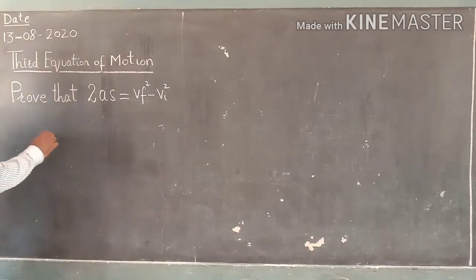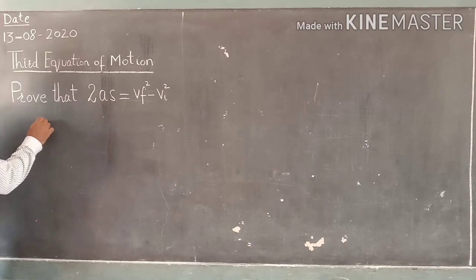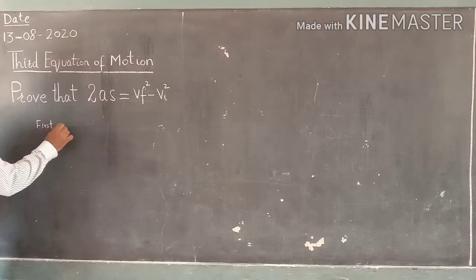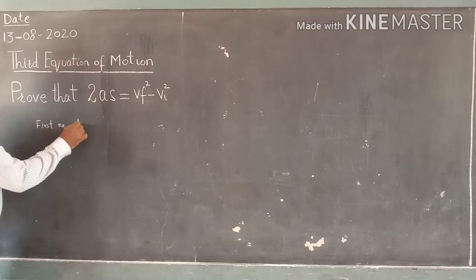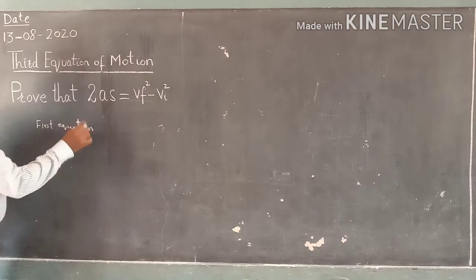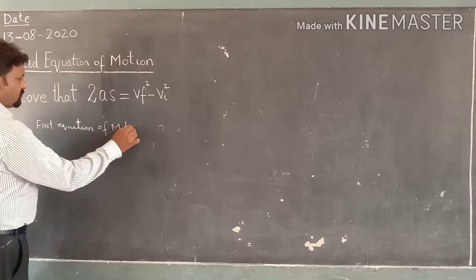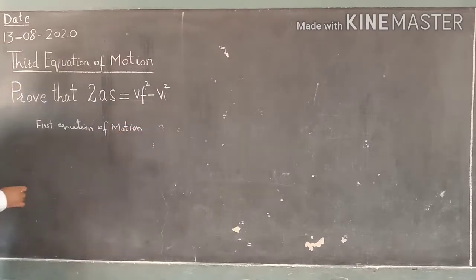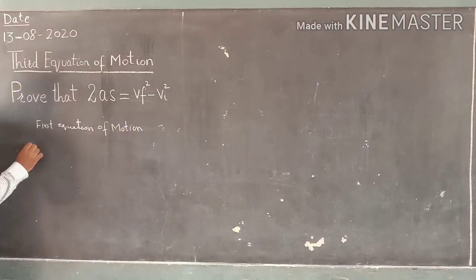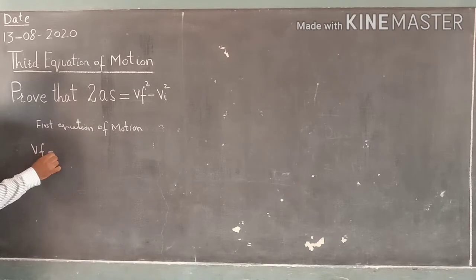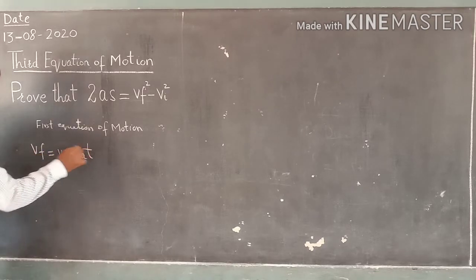First of all we will write the first equation of motion. That is Vf is equal to Vi plus At.